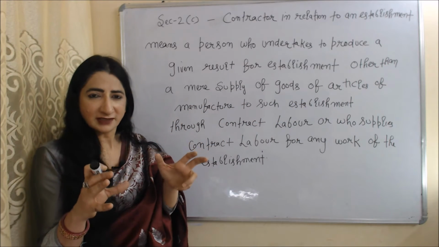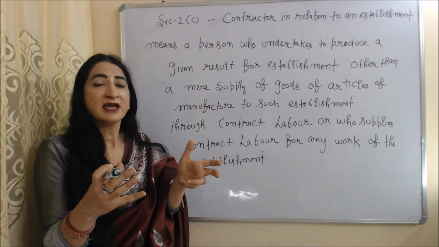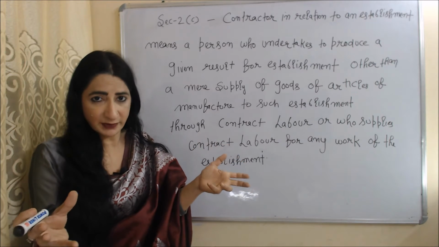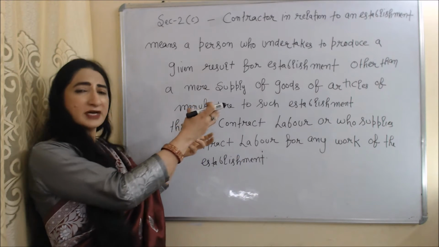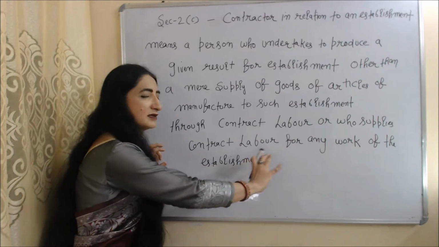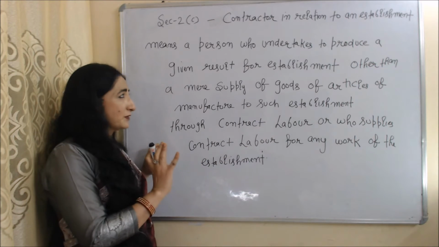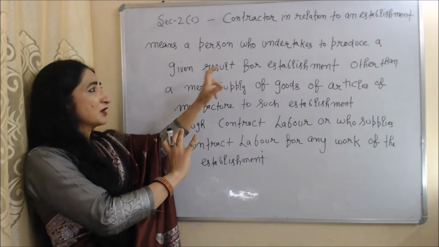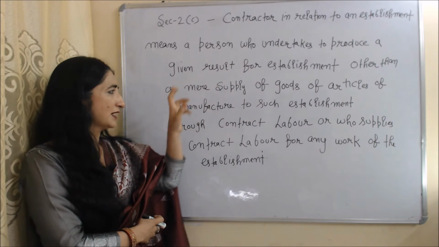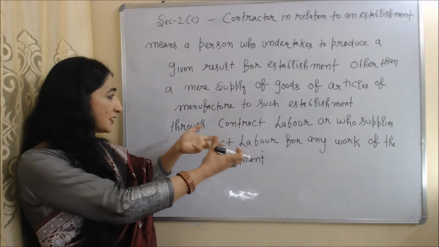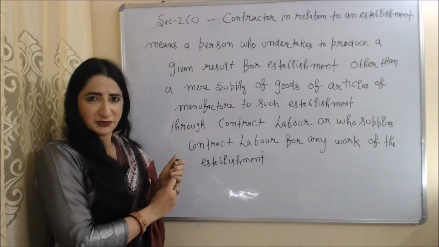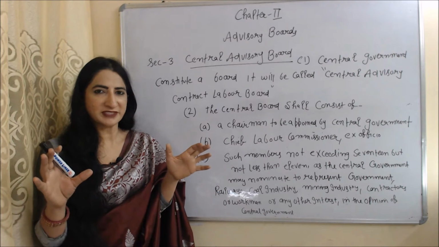Means the contractor, apart from supplying goods, also produces a good outcome, a given result, for an establishment. But now the question is, how can a contractor produce a given result for an establishment? By supplying contract labor to the establishment. So we can say that a contractor is a person who undertakes to produce a given result for an establishment other than supply of goods or articles manufactured to such establishment through contract labor, or who supplies contract labor for any work of that establishment.